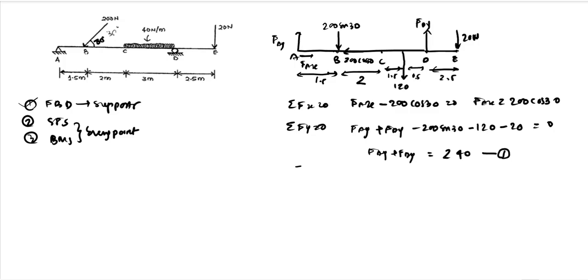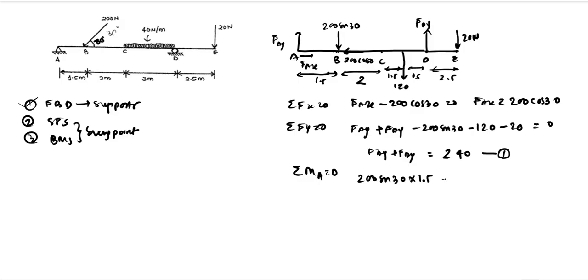So we need another equation which we will get by the moment condition, which is that the moment at any point in a beam which is in equilibrium is 0. So let us calculate the moment at A, because FAY will disappear and we will only have FDY in our equation. We have 200 sin 30 into 1.5. It is a clockwise moment because of this force at point B, so we will take it as positive.